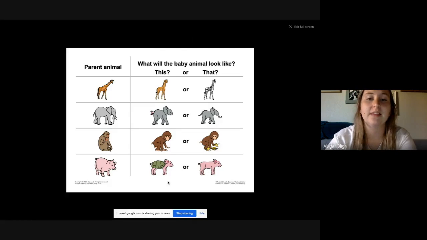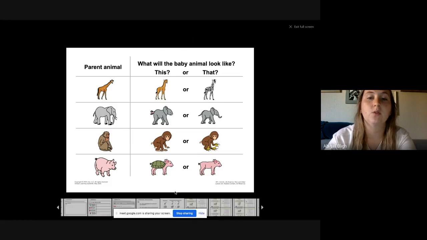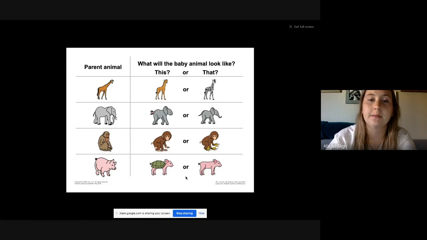Other than that, they look exactly the same. So in order to tell which one is the baby animal, I'm going to look back at my parent animal, and I'm going to look, does my parent animal have a shell? No, they don't. So is this one going to be the baby animal? No, it's not. So I'm going to circle this one on my paper.